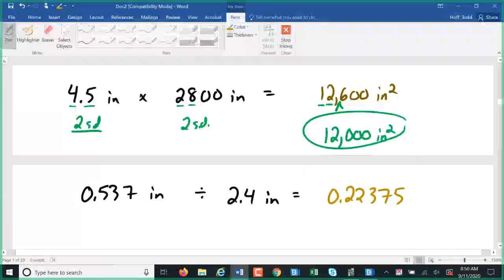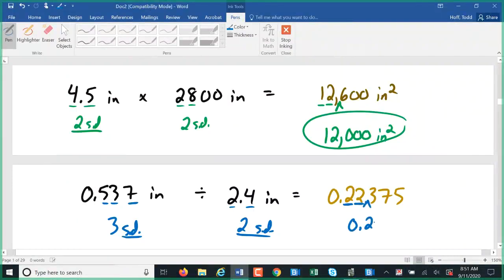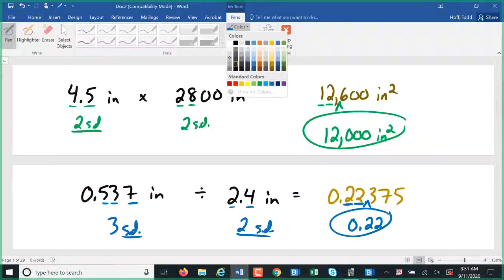But we still have to round our answer to significant digits. This number has 3 significant digits. This number has 2 significant digits. So we have to round our answer to 2 significant digits. So from the beginning, the 0 is not a significant digit. I don't count that. So I go 1, 2, and I round it there. That'll be 0.22 is what that divides out to be.